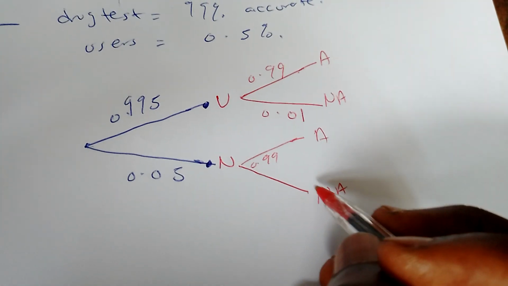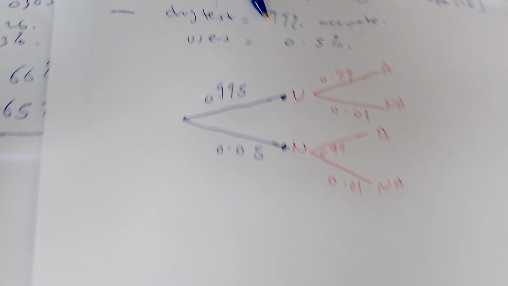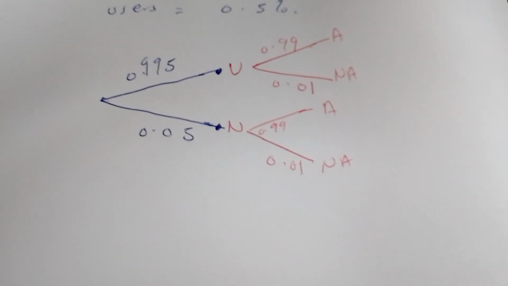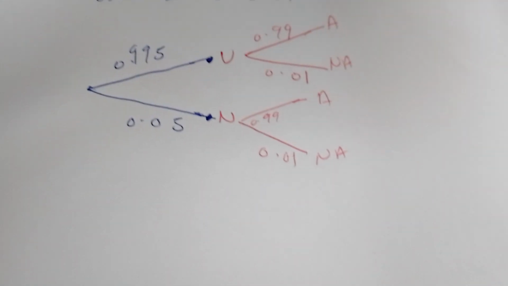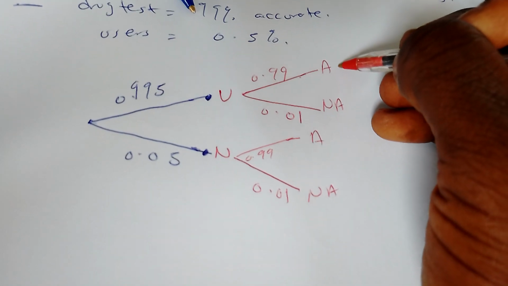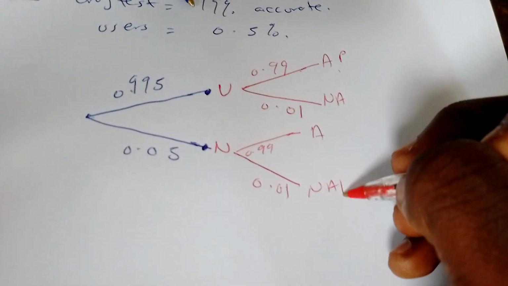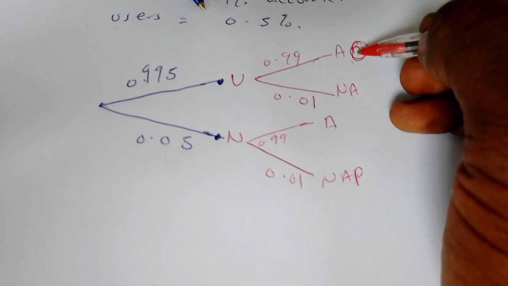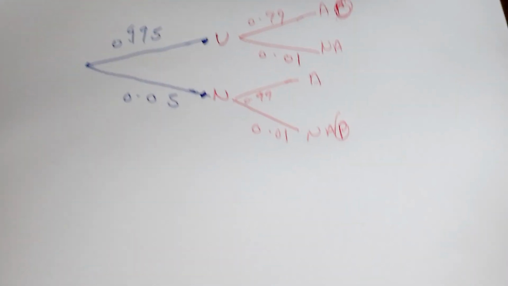But then someone who is not using can be flagged, and it says okay, you are using. I hope you get this idea. So now the question is, we have to find the probability given a positive drug test. So you can really label them positive. All of these are positives. So just trying to understand the dynamics of this.